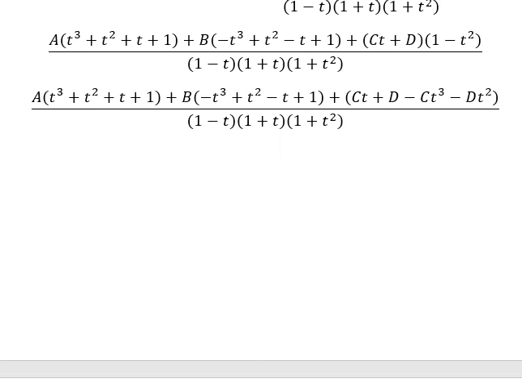And now we need to arrange based on the terms of t.